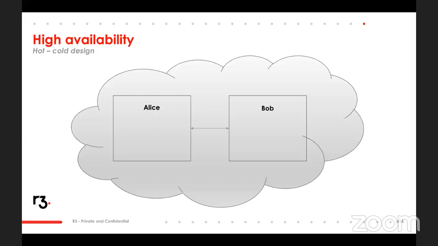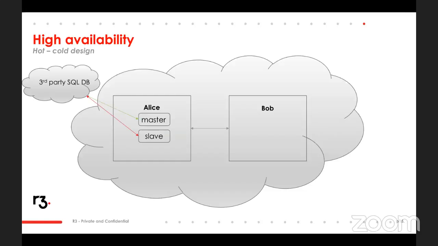So what have we done so far? We have been able to implement hot cold, which is the bare minimum for what we want. So far, let's say we had an R3 network with 2 nodes inside, Alice and Bob. If we apply what we've seen so far, we took out the H2 database and deferred it to a third-party SQL database.